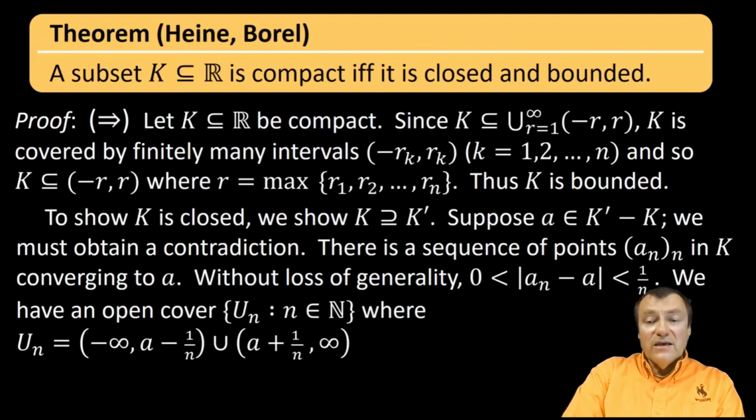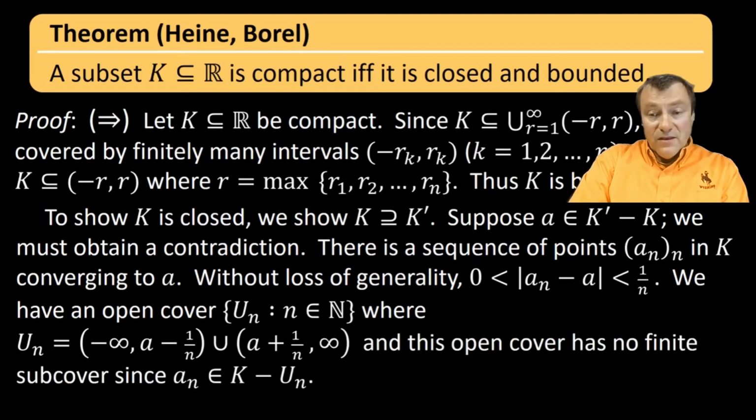The set K is covered by the sets U_n as shown. The set U_n consists of all points having distance more than 1 over n from a. The only point not covered by these sets U_n is the point a, which is, however, not in K. So this is an open cover of K with no finite subcover.